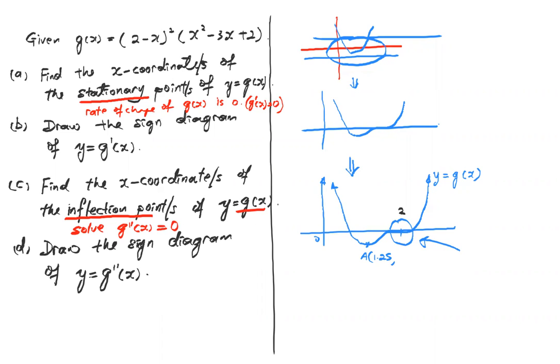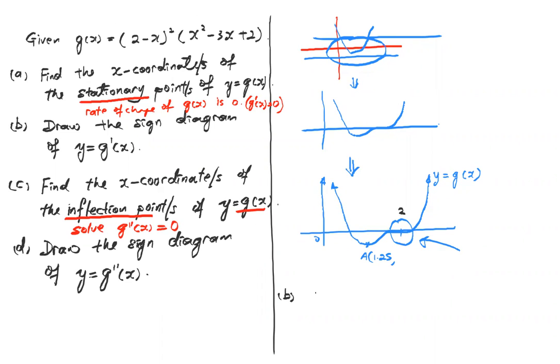Okay, so I'm going to explain part B. So C and D, you please do it by yourself. Okay. So every time when we want to draw a sign diagram of anything, first of all, I have to know the domain. So x is any real value.